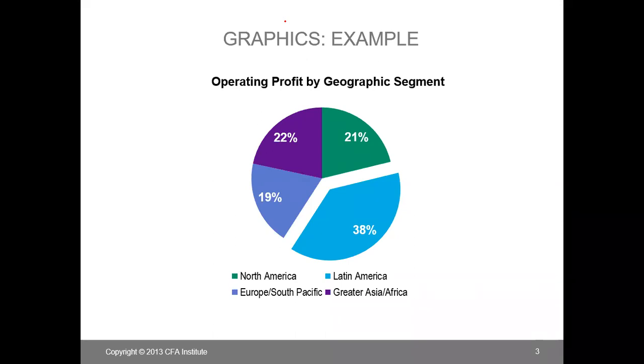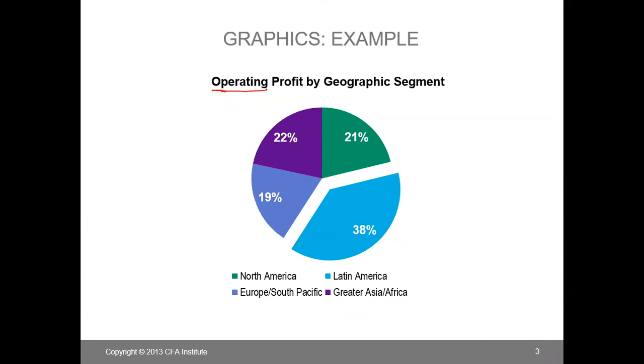This pie chart, for example, reflects the operating profit of a certain company, Colgate, based on geographical segment, showing from which location this company is generating more profit. It is very clear that Latin America is contributing more operating profit relative to the other geographical segments for this particular company.